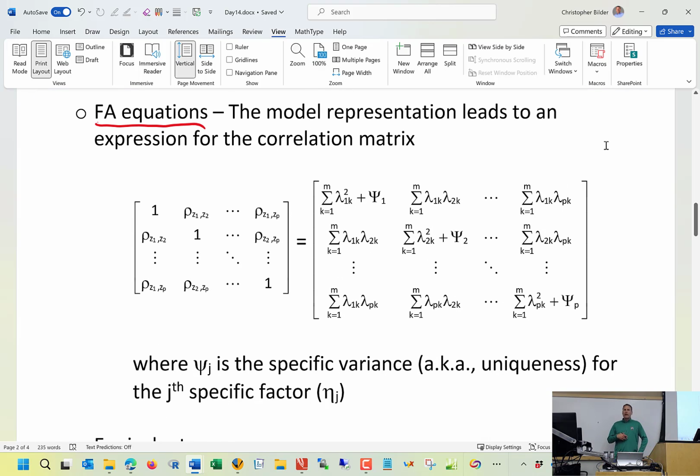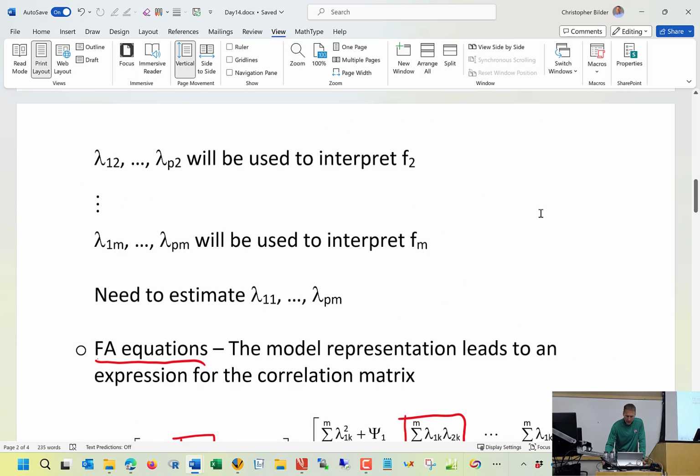And you're not responsible for the derivation about how this comes about, but you are responsible for understanding the components of this expression. So for example, if we look at rho sub Z1, Z2, this represents the correlation between the first standardized variable and the second standardized variable. This expression says it's equal to the sum of the product of some lambdas. Now let's go back to our model.